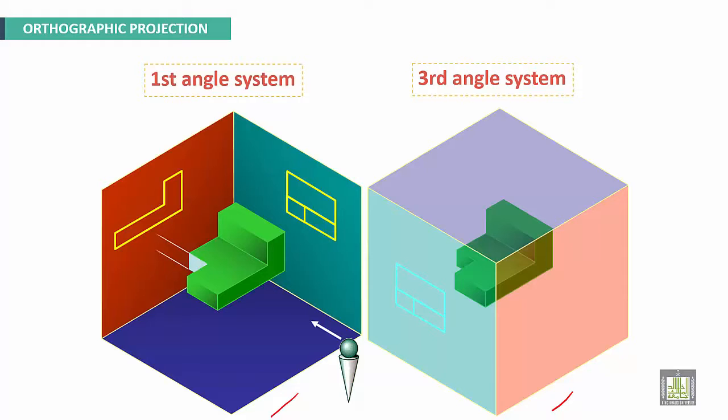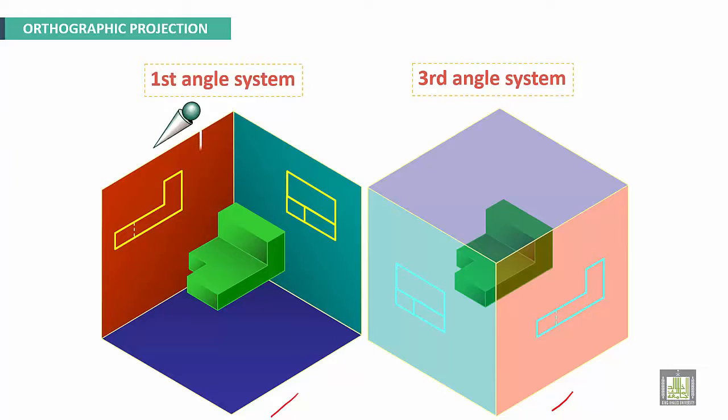Now, this is dashed line. Now for the third angle system, this surface will be projected from this side, front to the object. I mean between the observer and the object. This will be dashed. This is side view.